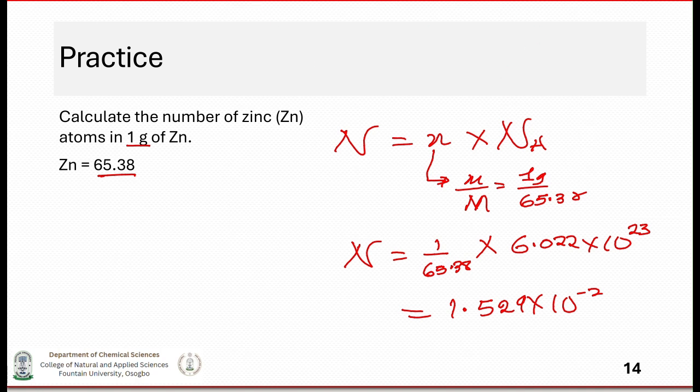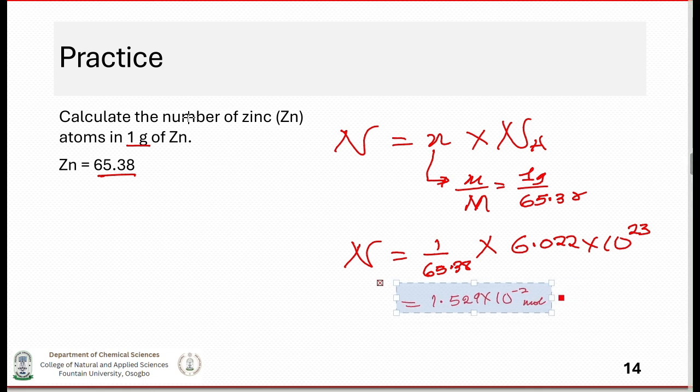This number of moles, 1 divided by 65.38, will give you 1.529 times 10 to the power of minus 2. So let's make this one smaller, and now multiply it by 6.022 times 10 to the power of 23.